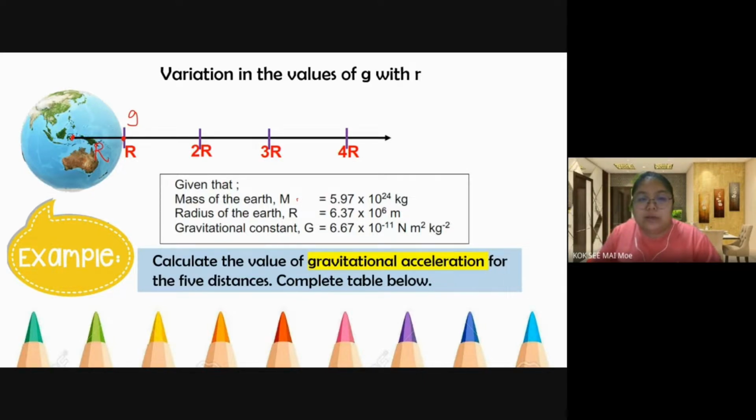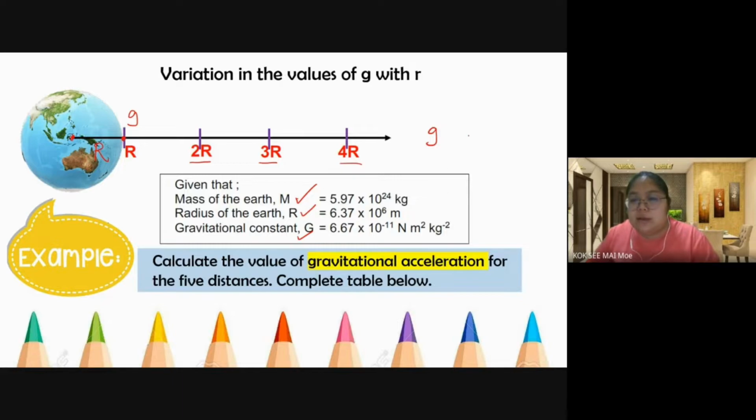Then if the satellite continues to move to 2R, 3R, 4R, we also need to find g at the different radius. They give you the information: the mass of the Earth, the radius of the Earth, and the gravitational constant.